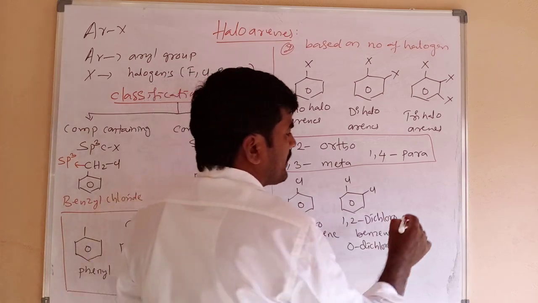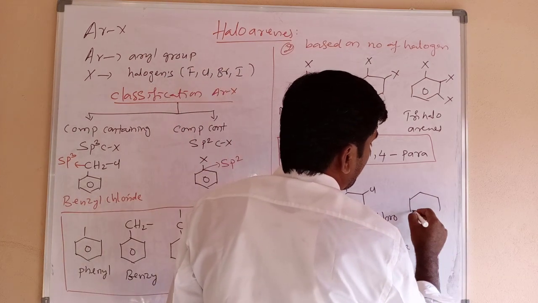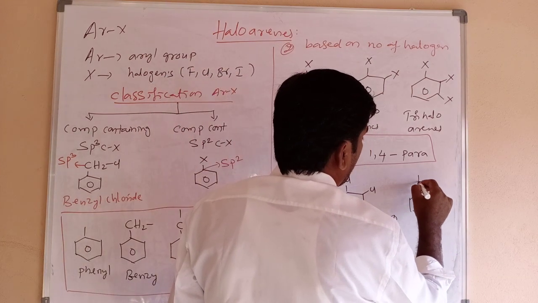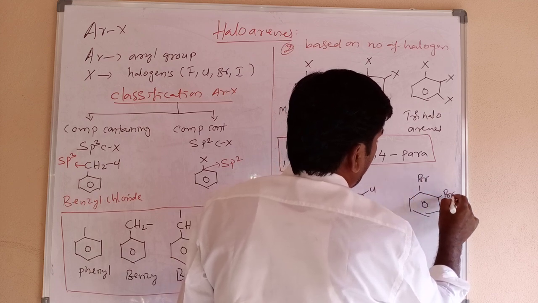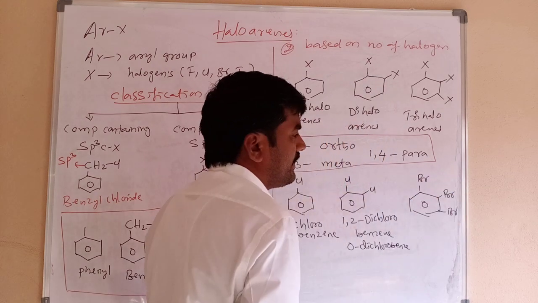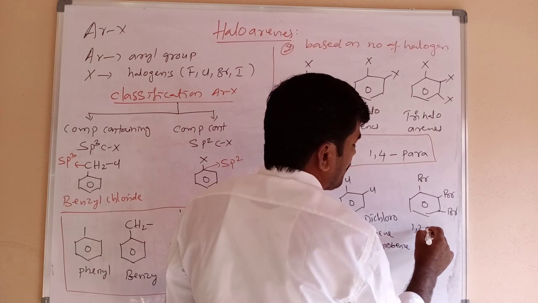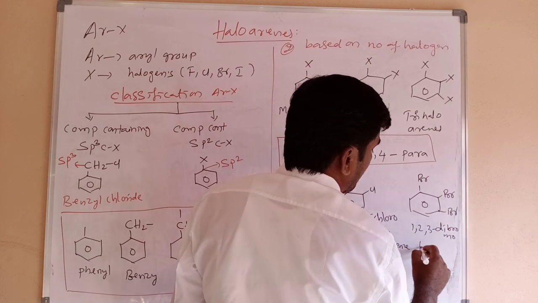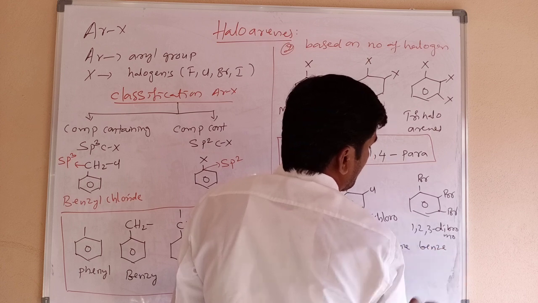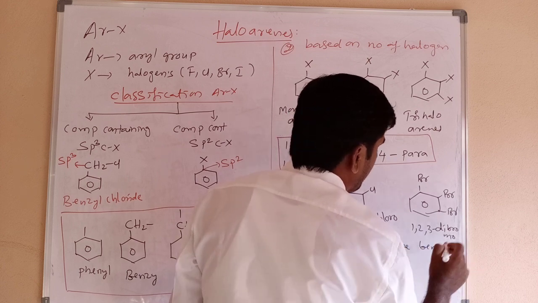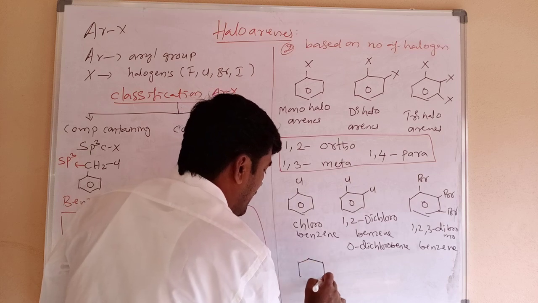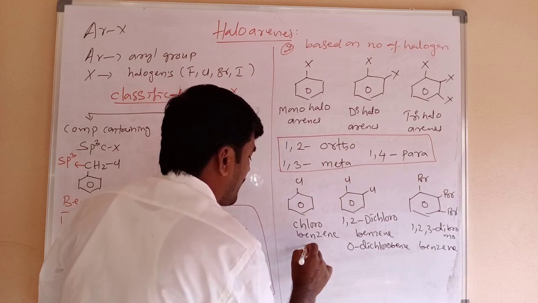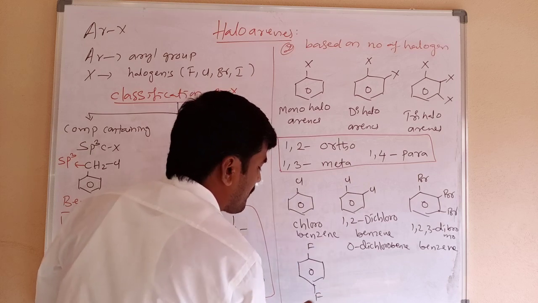Clear? For example, three halogen atoms are there, Br. What is it? 1, 2, 3 tribromobenzene. For example, two halogen atoms present at para positions, 1, 4 position.